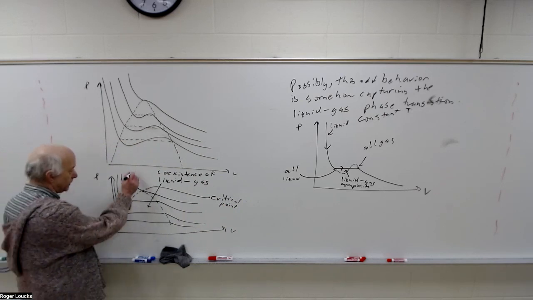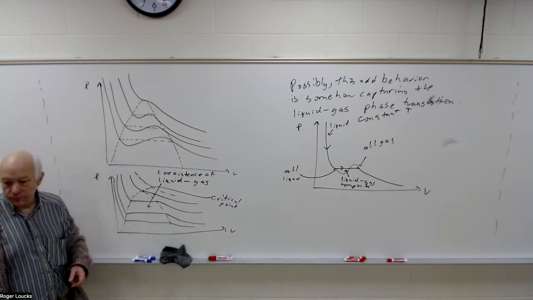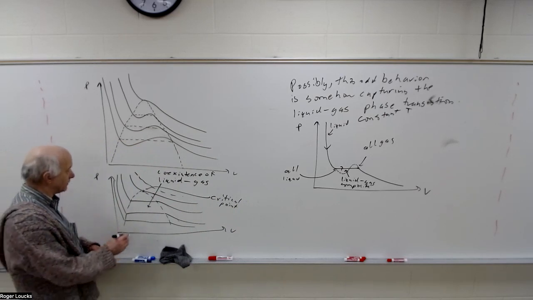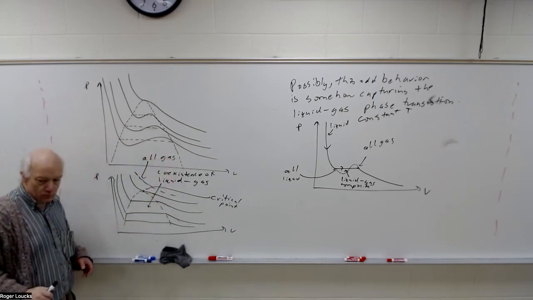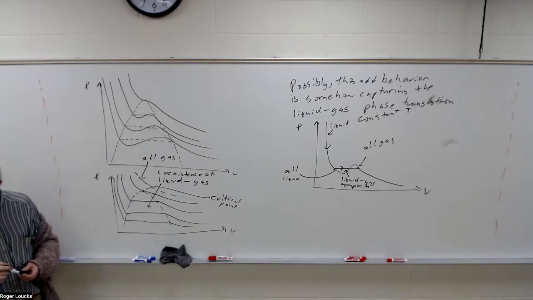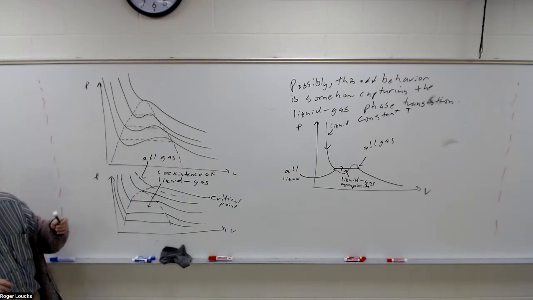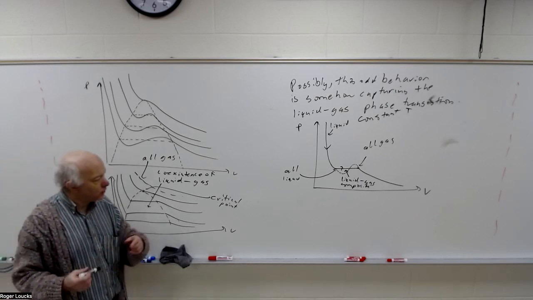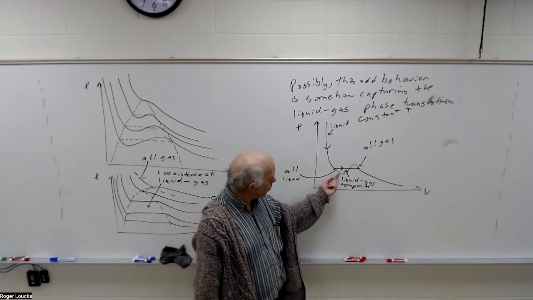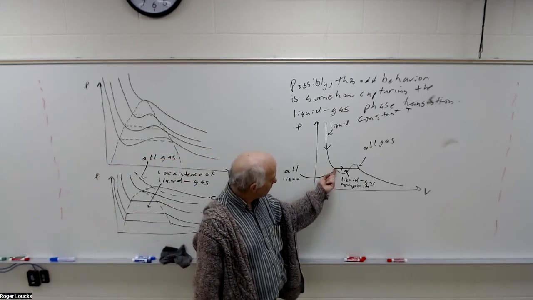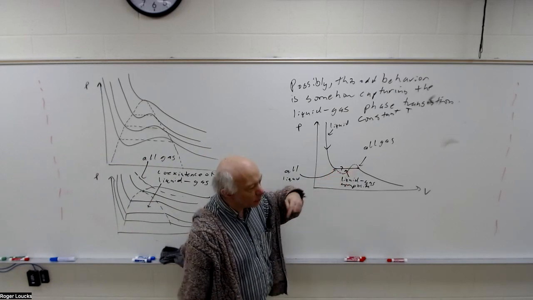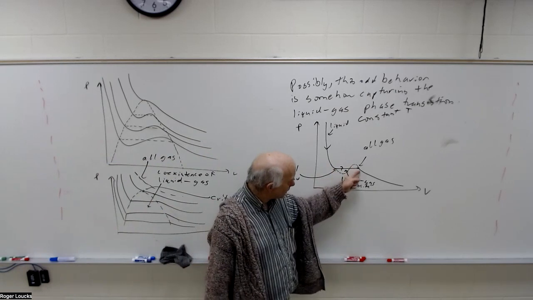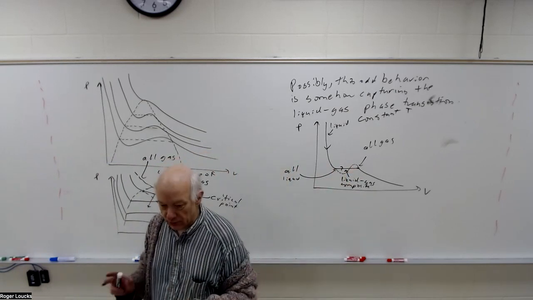You're all gas. This is all gas. Okay. So the question is, I drew a little straight line here, but the equation itself has this little wiggle in it. How can you get these connected?